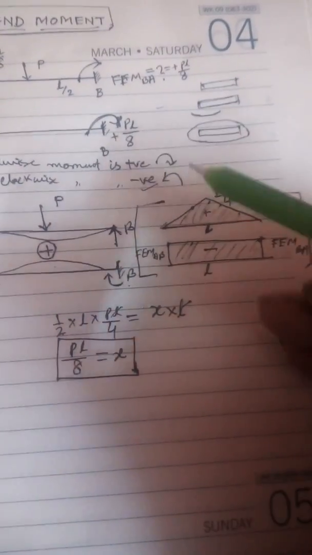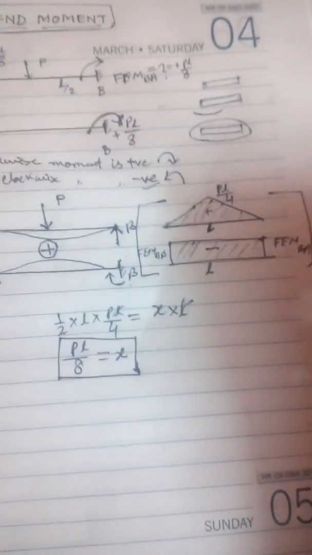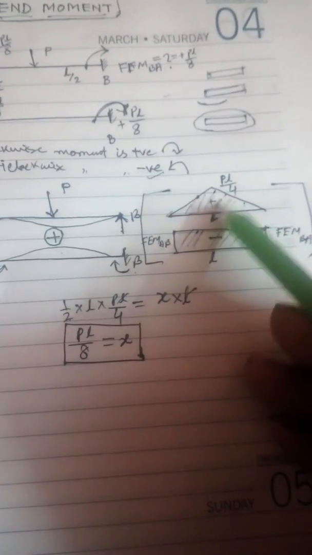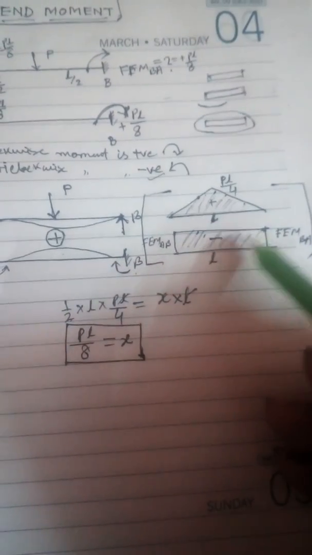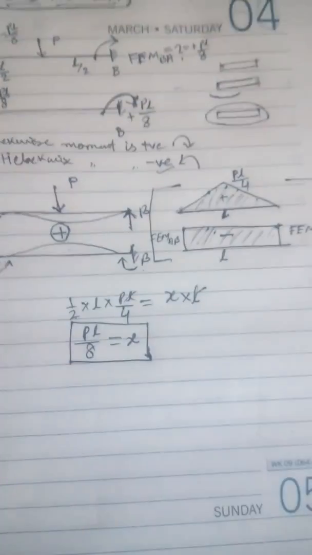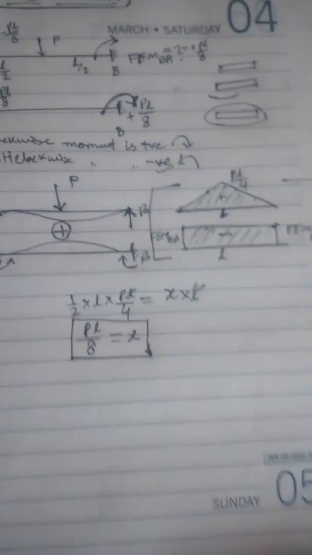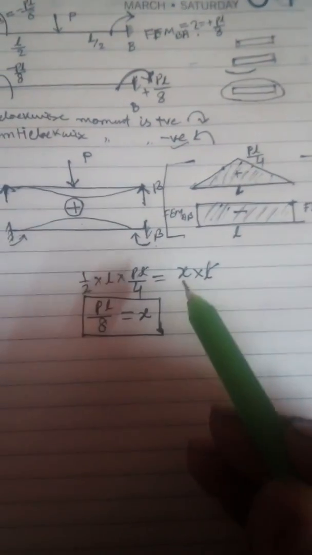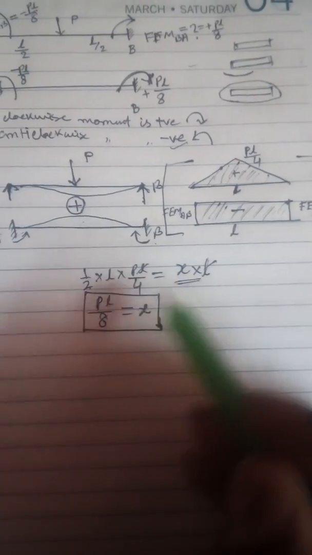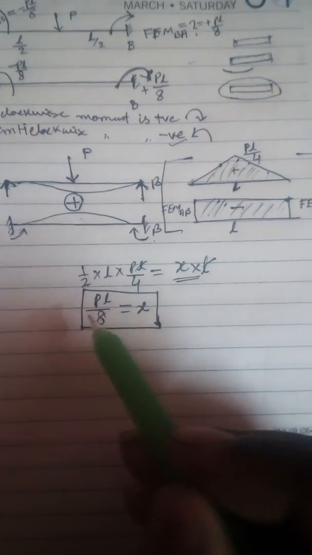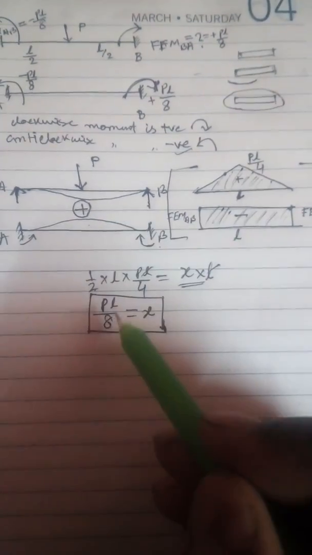So the area of this triangle plus the area of this one equals 0, and from this we can find the fixed end moment, PL by 8.